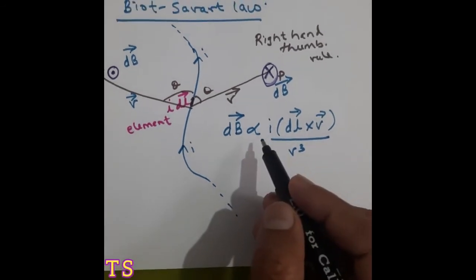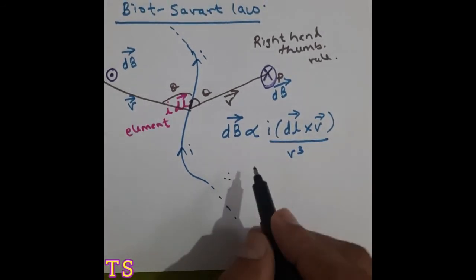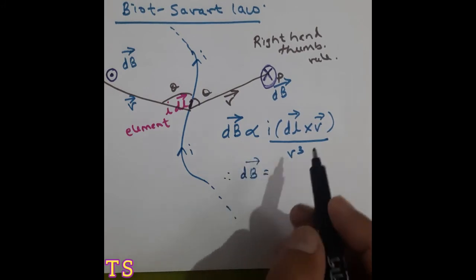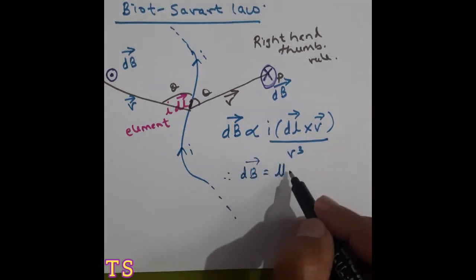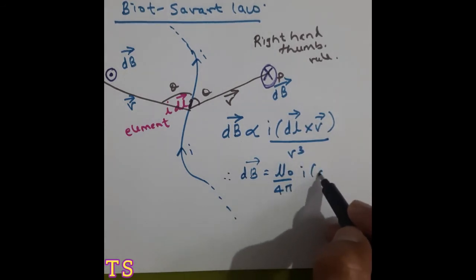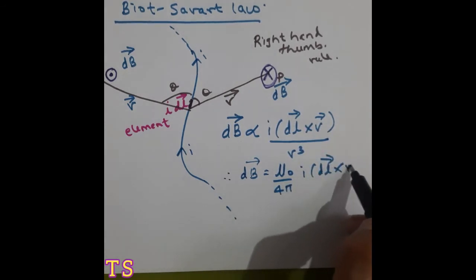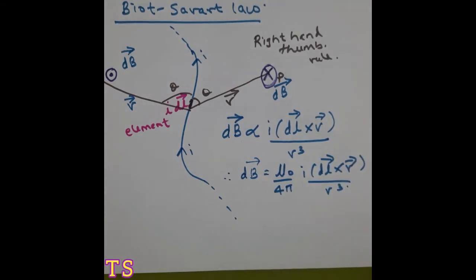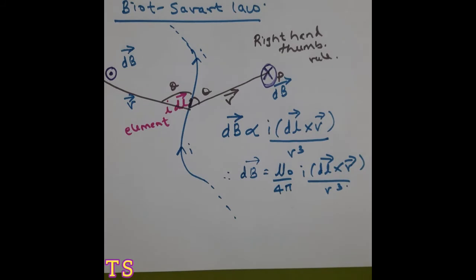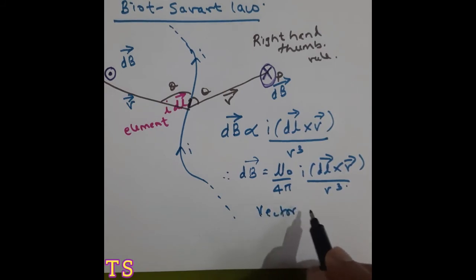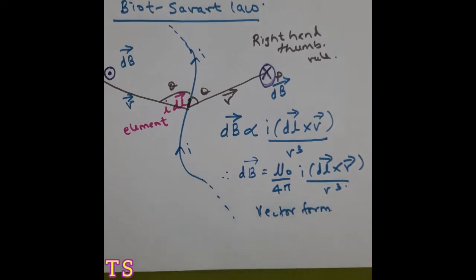Introducing the constant of proportionality, this transforms into dB bar equals mu naught upon 4 pi, I dl bar cross r bar upon r cube. This is the equation, and it is in vector form.